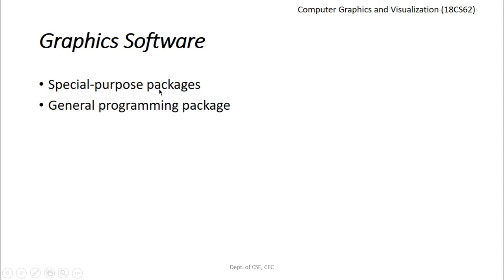The second category of graphics software is general programming packages. A general programming package provides a library of graphics functions that can be used in a programming language such as C, C++, Java, or Fortran. This requires that the user have some basic programming knowledge.